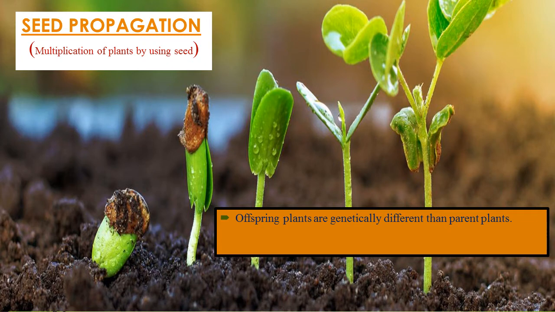In the reproduction of plants by seeds or spores, through the uniting of two gametes, offspring plants are genetically different from the parent plant, unlike vegetative propagation. So variation is developed by the process of seed propagation, because the offspring has half of its genes from its mother and half from its father.